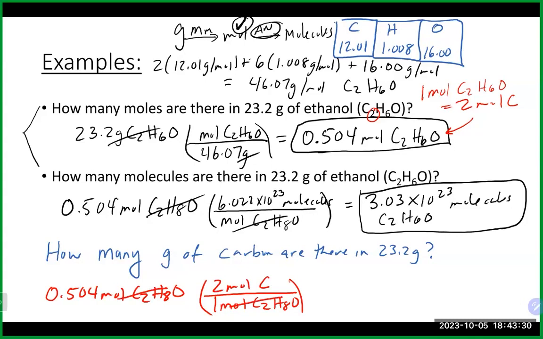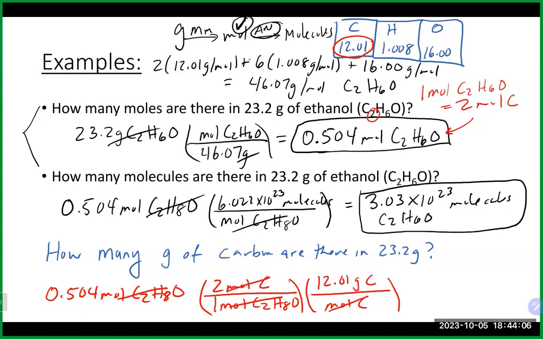At this point, and once again, if I did want just moles of carbon, I could get the answer and I would be done. But I actually want grams of carbon, which means I need to multiply this by the molar mass of just carbon at this point, right? So we do not want to use the molar mass of the entire thing because we have now just transitioned over to just carbon at this point. And carbon, as we can see from the periodic table here, is 12.01. So we'll use that as our last step. Opposites here, moles of carbon on the bottom, 12.01 grams of just carbon up on top.